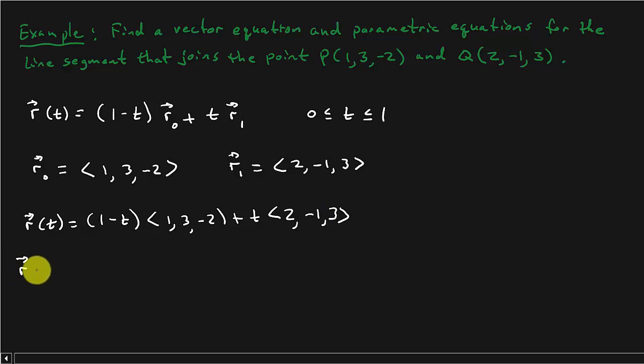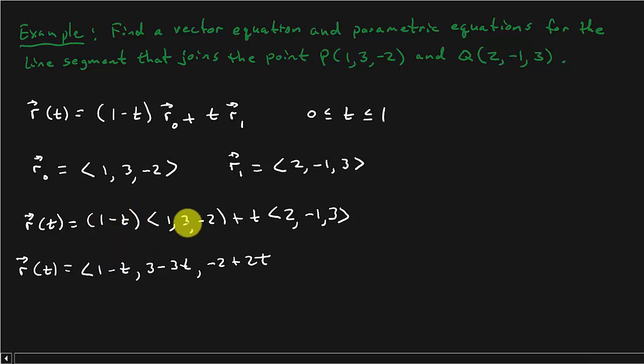And then we can just multiply all this out, and we get vector (1 minus t, 3 minus 3t, -2 plus 2t).